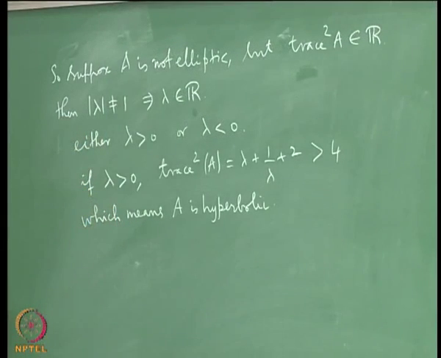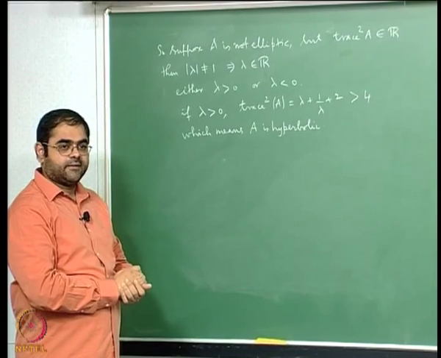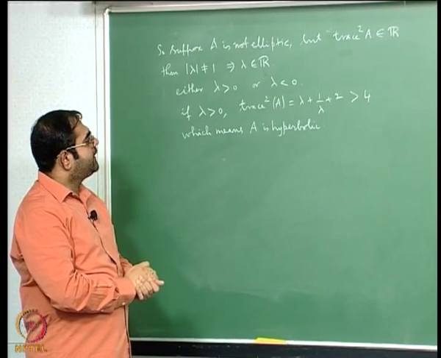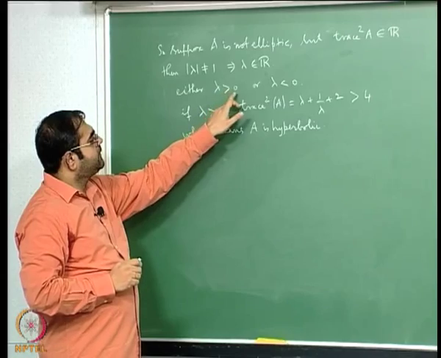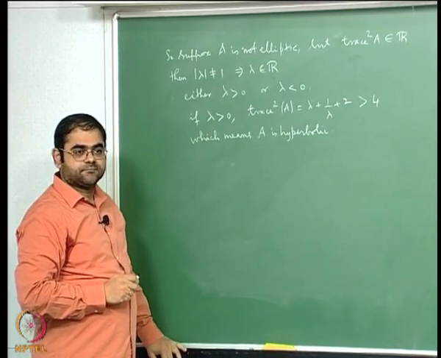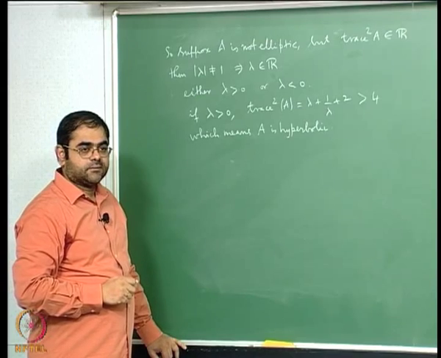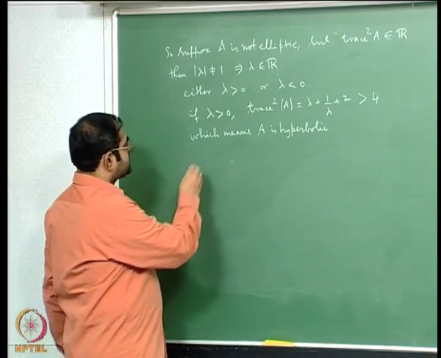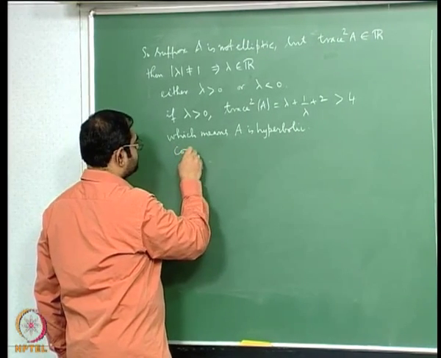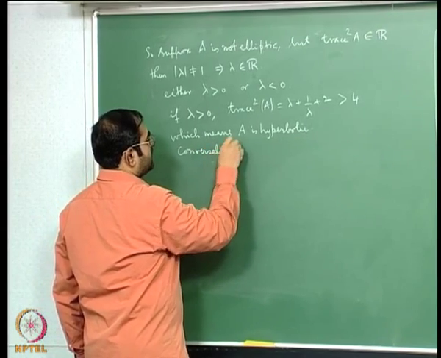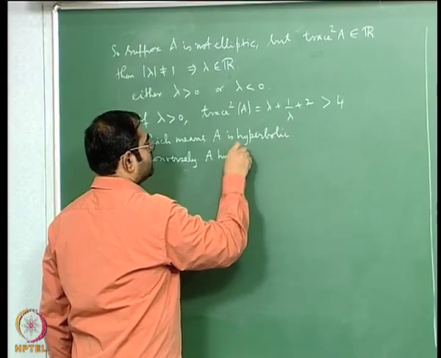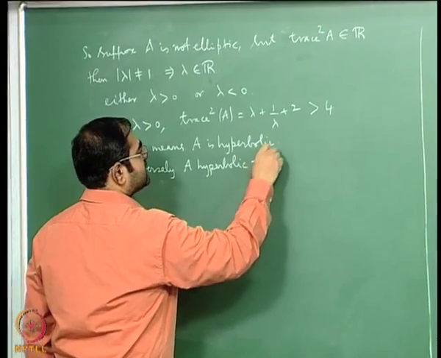Conversely, if A is hyperbolic, then I claim that lambda is greater than 0. A hyperbolic implies lambda greater than 0.